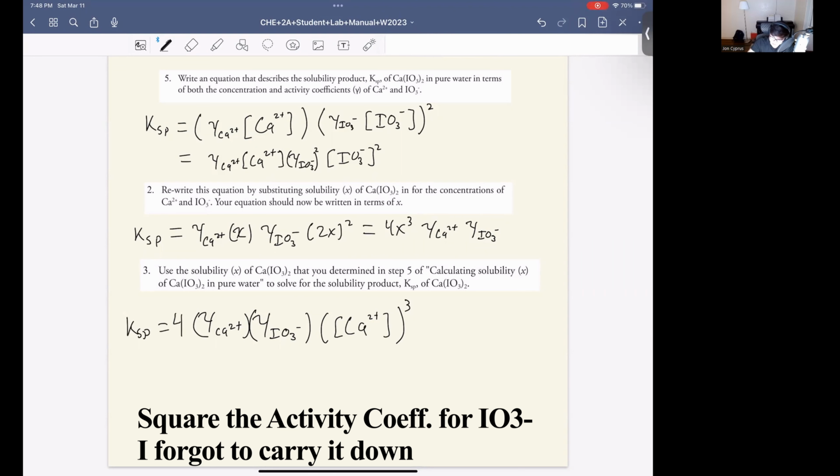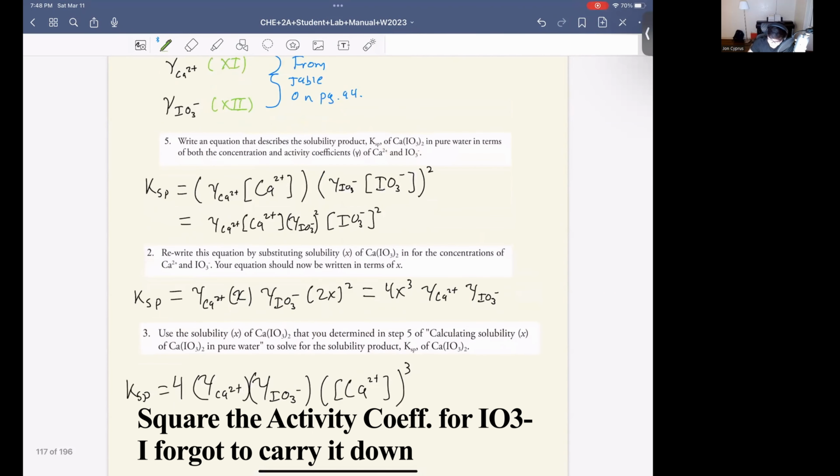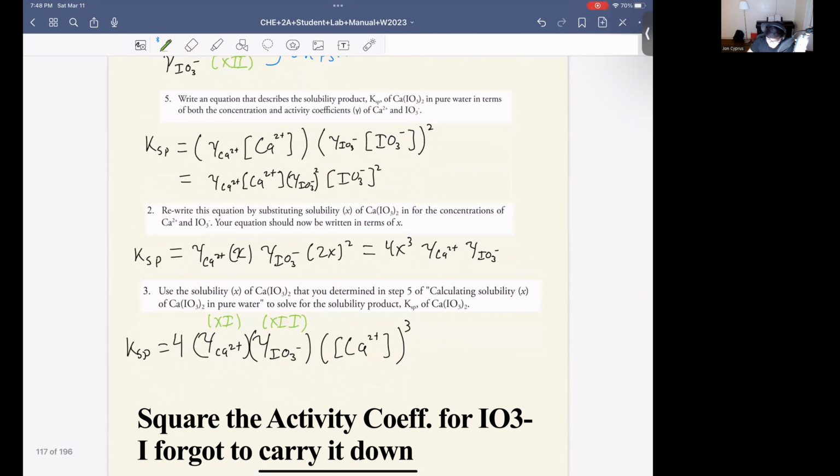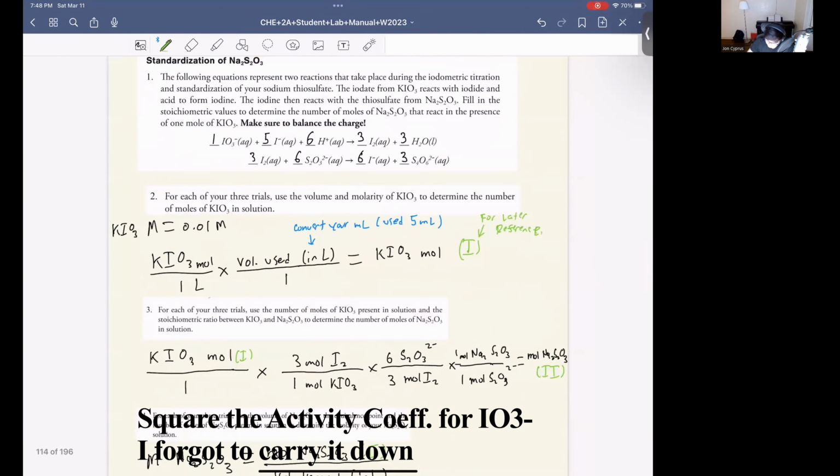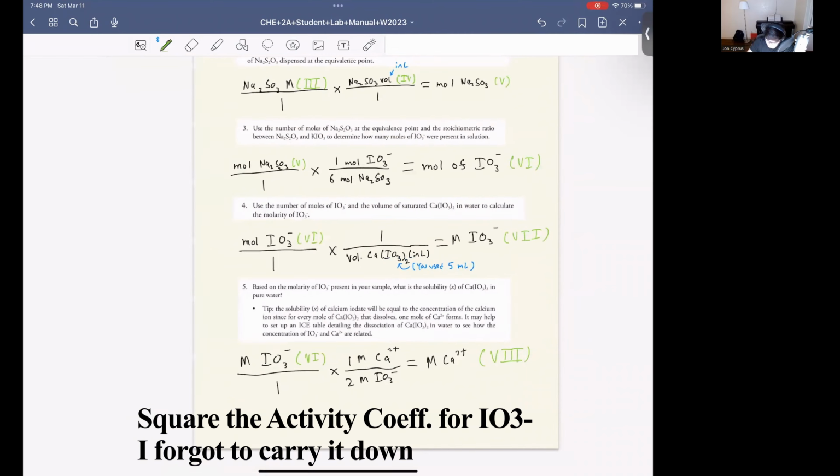Those are gammas, not 4s. So just remember that. Right now, your calcium, this is something you got from the table. This is Xi. This is from XII, number 12. And then this was from number 8, I believe. Yes.